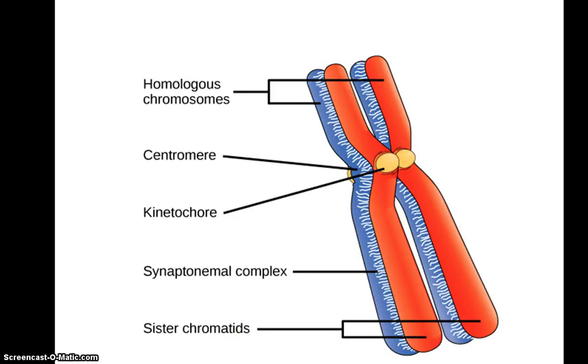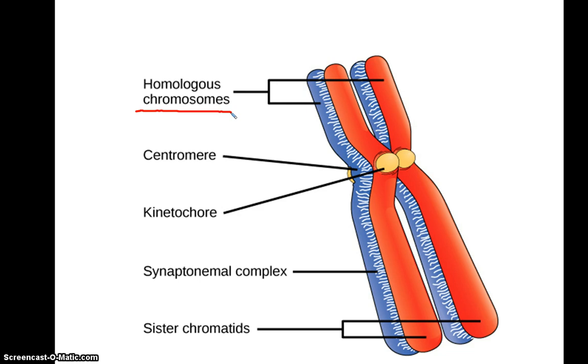So remember we talked about the centromere, the kinetochore during mitosis, about where the spindle fibers will attach? Well, if we look at the blue chromosome there, the blue is 2 sister chromatids of the paternal, dad's DNA. The red would be 2 sister chromatids of the maternal, mom's DNA, and all together they make homologous chromosomes. So this is with the tetrad.